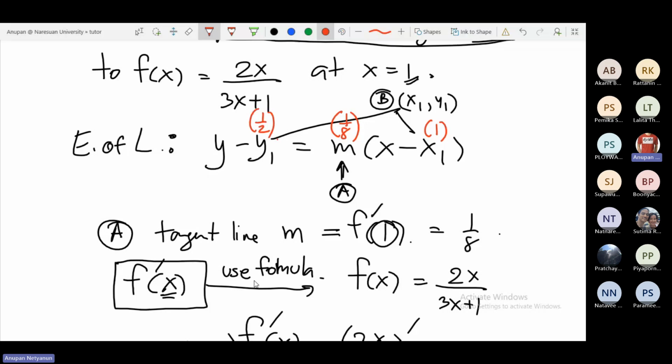You plug it in here. Then you have an equation, not just a line now, because this slope is for a tangent line. So you have the equation of the tangent line to be this.